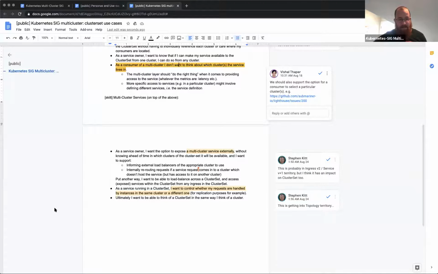Yeah, that makes a lot of sense. Have you been following the service APIs work, the gateway API? No, not in detail. Is that the service V+1? Yeah, exactly. I've actually been going there. They meet on Thursdays, and I'm making sure that this use case isn't forgotten.